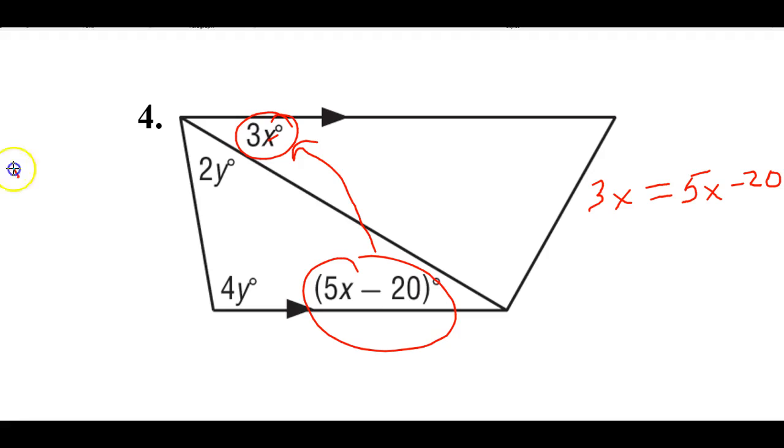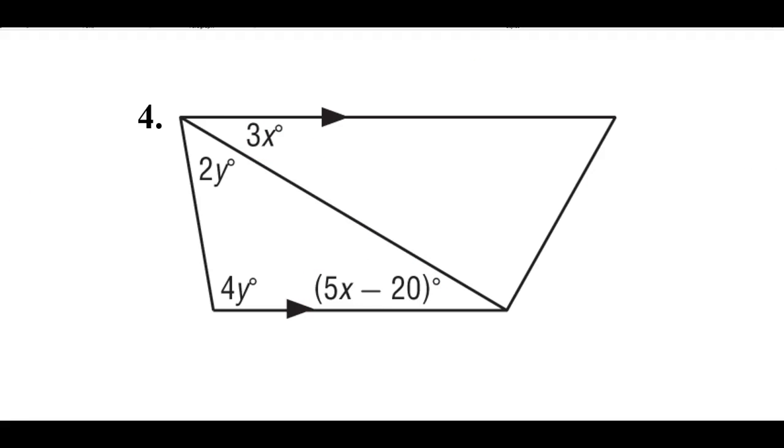So in other words, I would have 3x plus 2y plus 4y equals 180. Let me write it up here. More space.